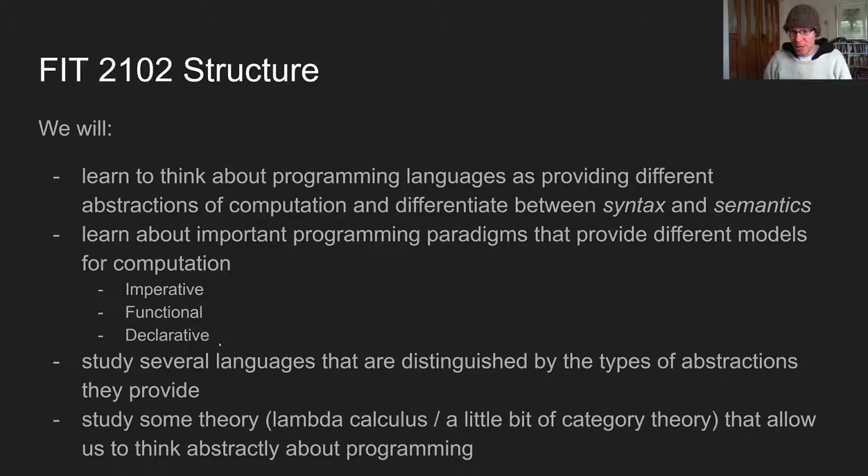There are many. The big thing, I guess, and the theme underlying all of this is trying to abstract away complexity. We'll also be looking at some theory that underlies these programming paradigms, in particular lambda calculus, and this is a tool that helps us to think again abstractly about programming.